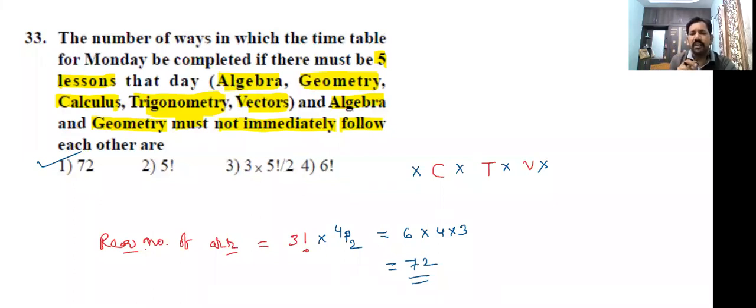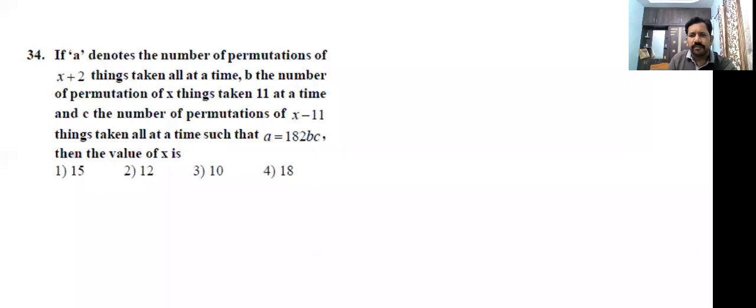In between and at the edges also, we can consider there are 4 gaps. These 4 places can be filled with 2 chapters, algebra and geometry, in 4p2 ways. Students, have you understood? Calculate that, you will get the answer 72, first option.